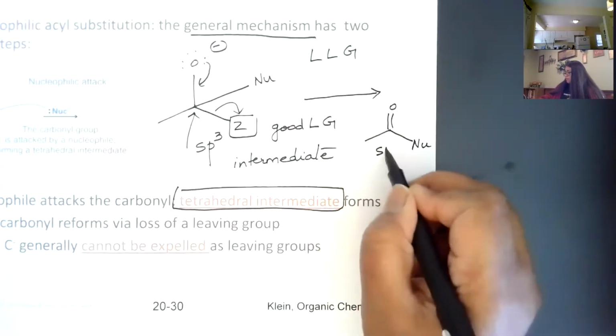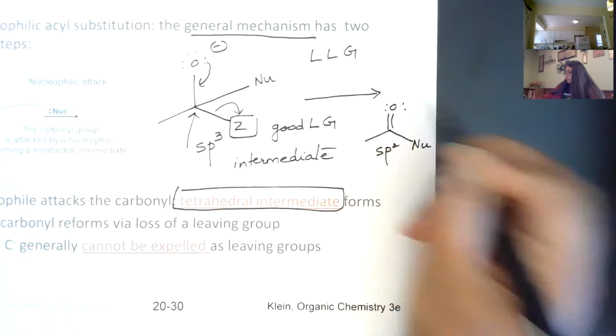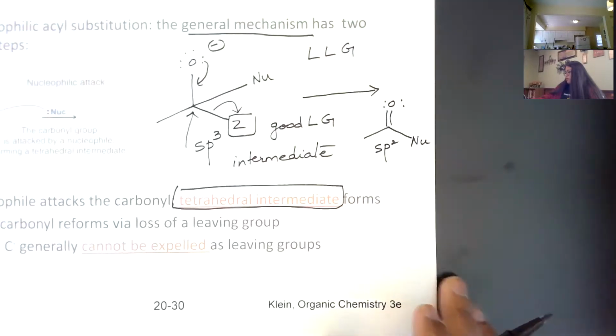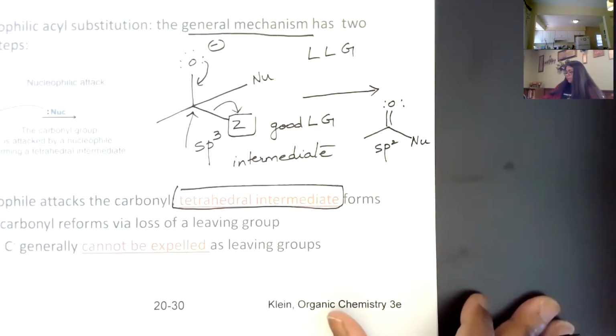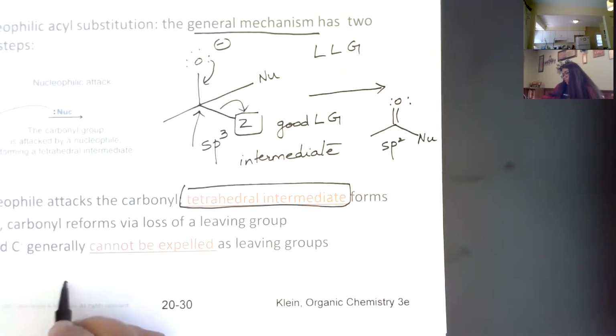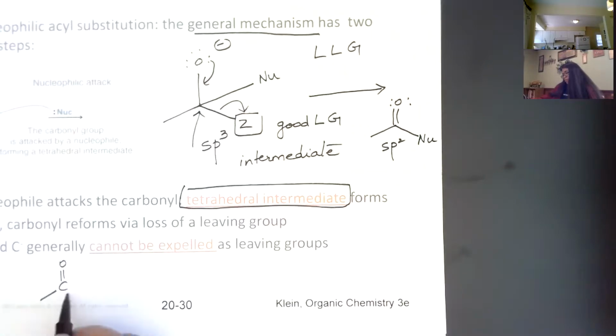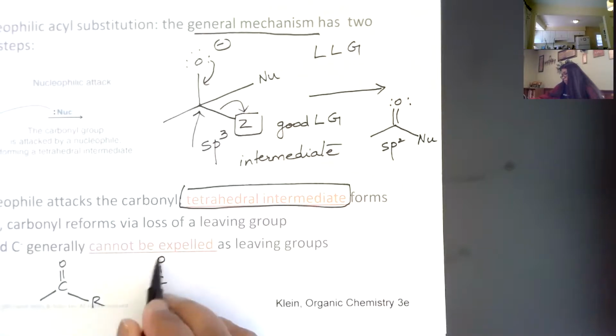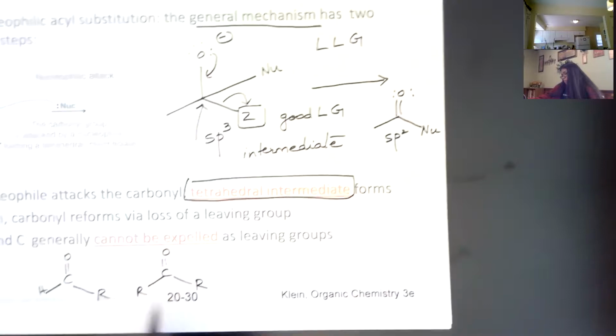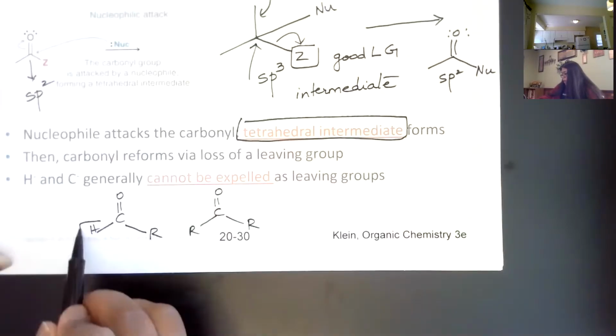Right? sp2, you have the carbonyl, and instead of the Z group, you have the nucleophile. Now they're saying with aldehydes and ketones, these are not good leaving groups.